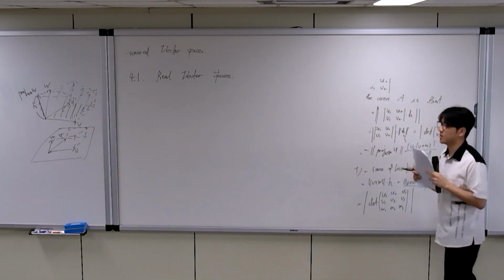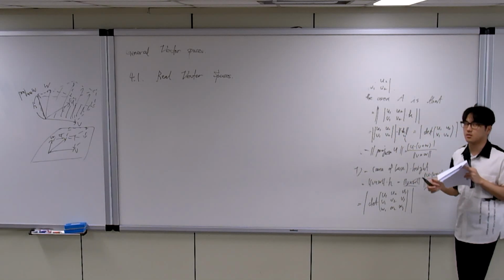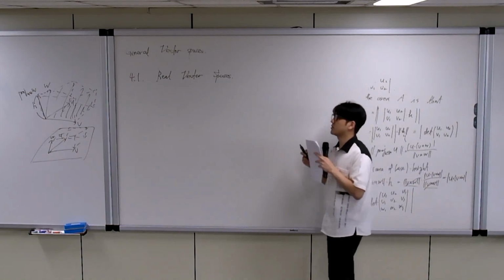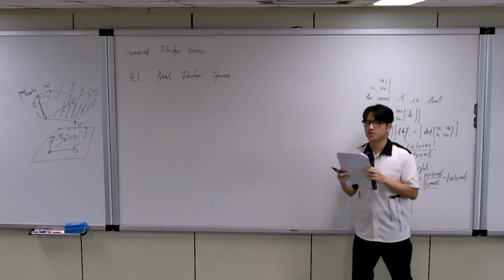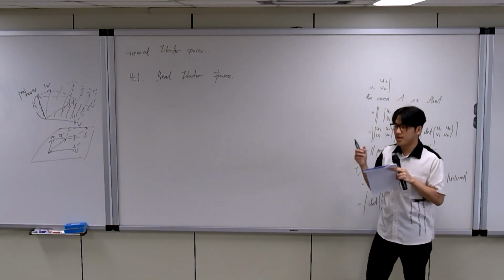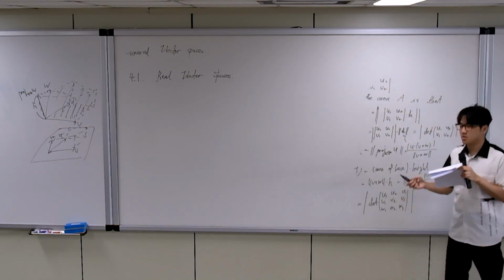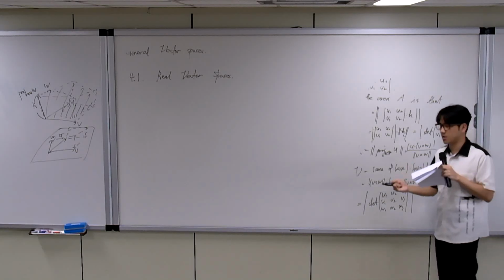So far we have considered our real vector space, and we defined it with just addition, subtraction, the zero vector, and scalar multiplication.